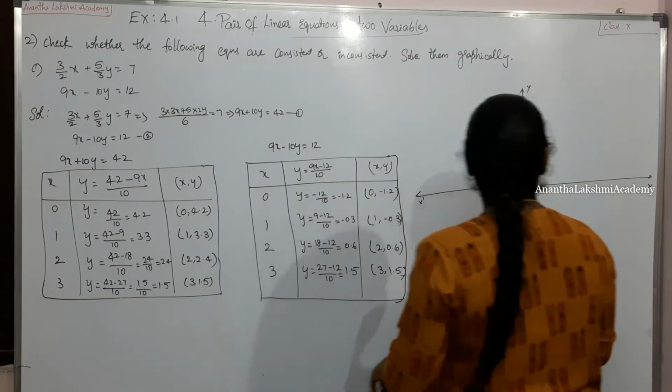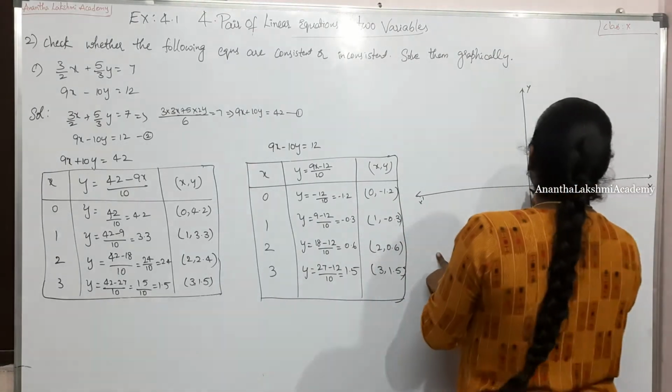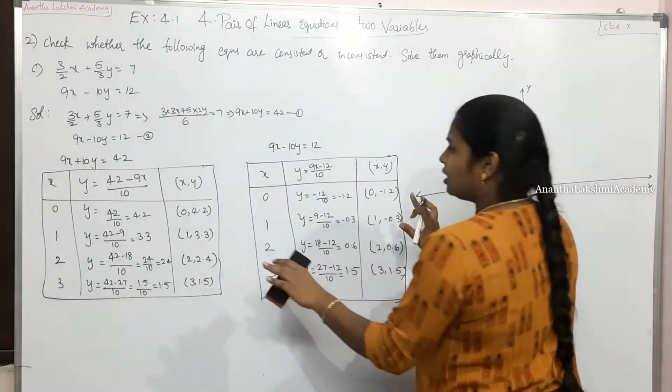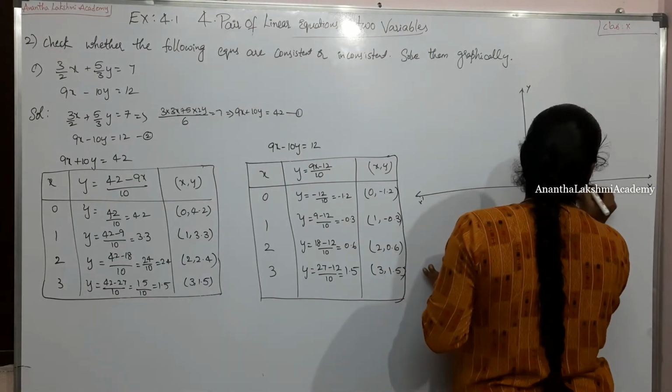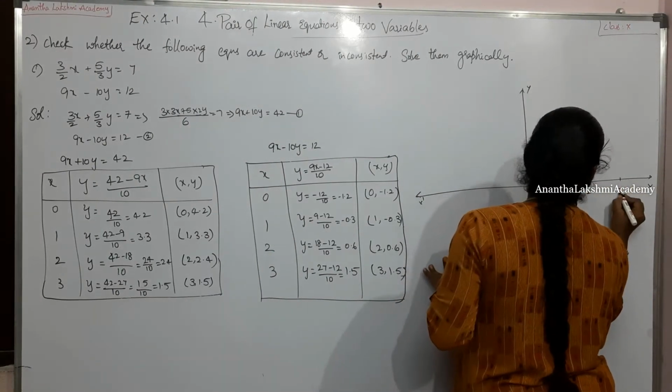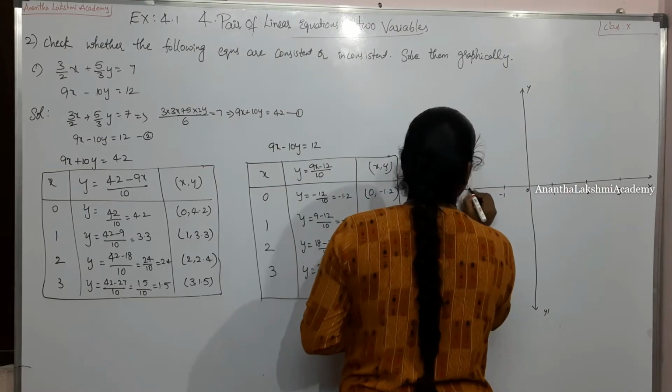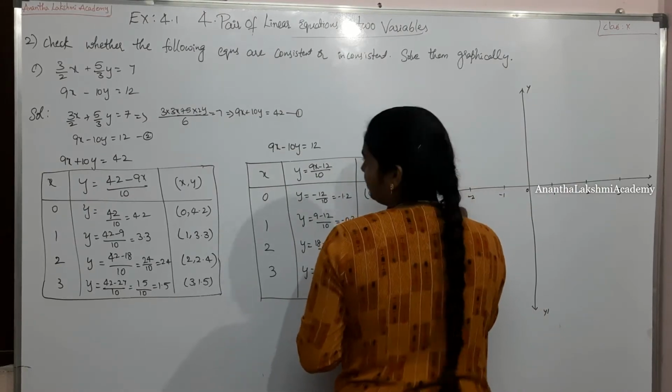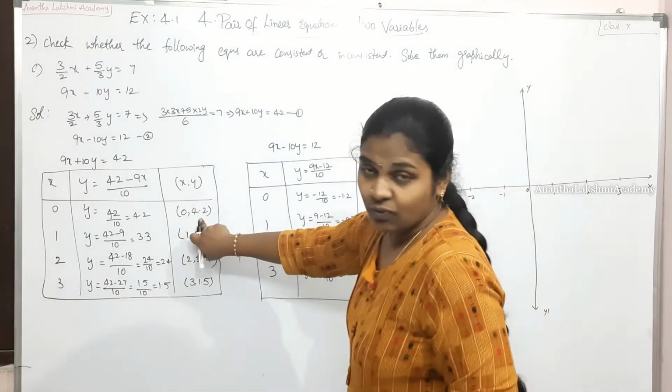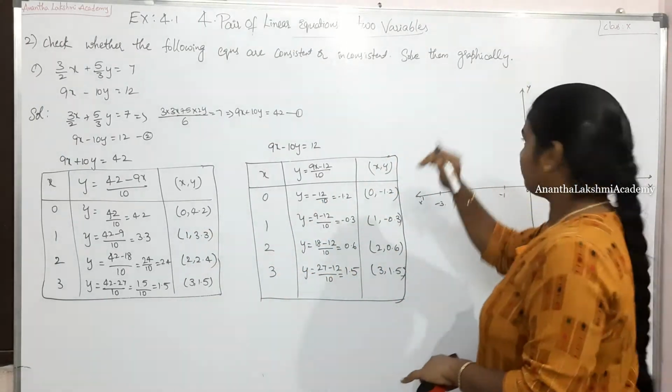Dash is the negative axis. The intersecting part is 0. I'm going to consider 1, 2, 3 on x-axis. Likewise, -1, -2, -3. On y-axis, the maximum value is 4.2, so I'll be considering till 5.